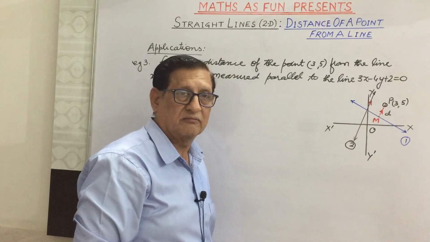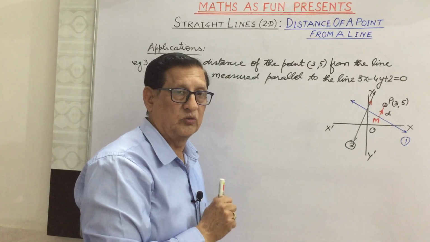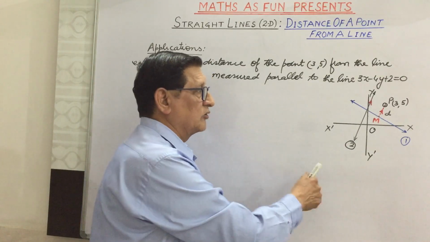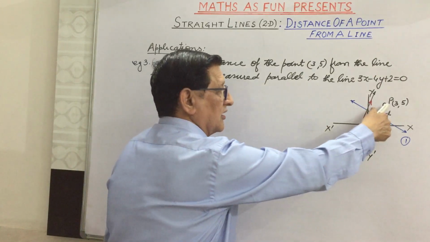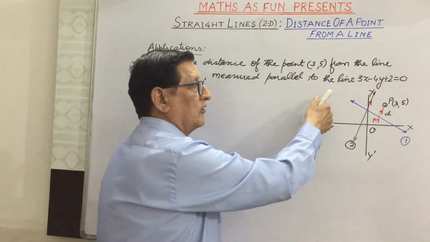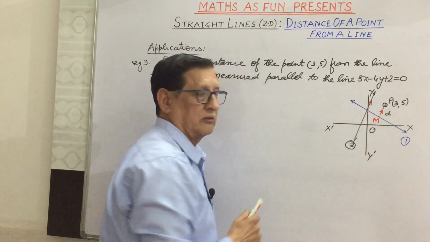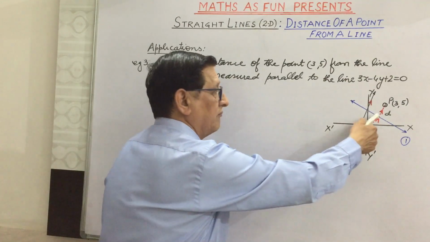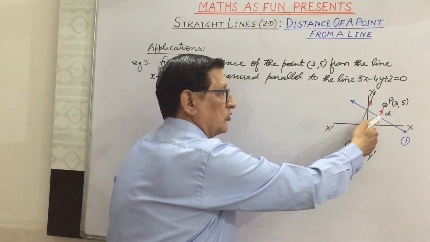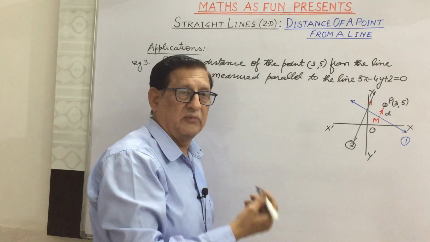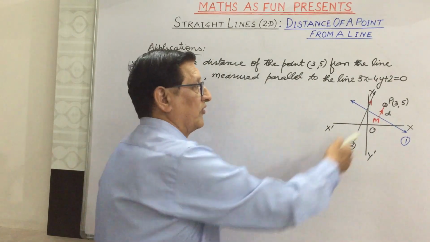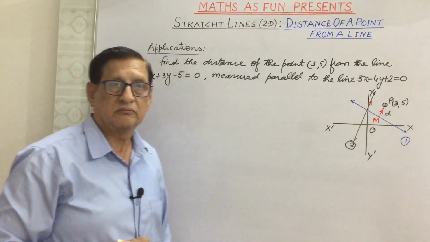Suppose this is D. So what will we do? We will find out the equation of this line PM and then find the point of intersection of PM and line 1, that is M. After finding the coordinates of M, we can make use of the distance formula to find out PM.